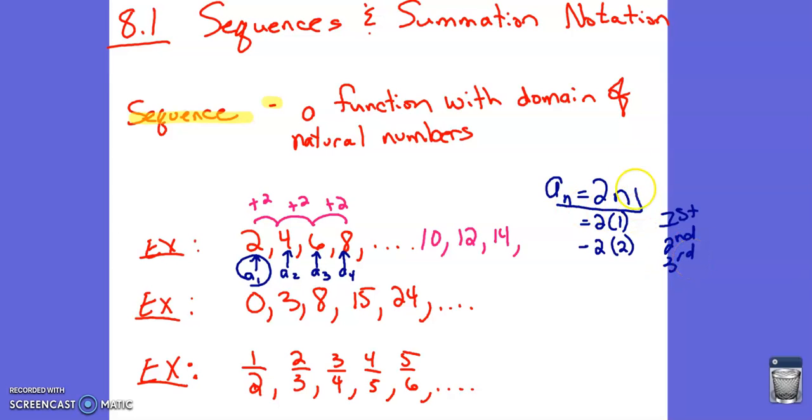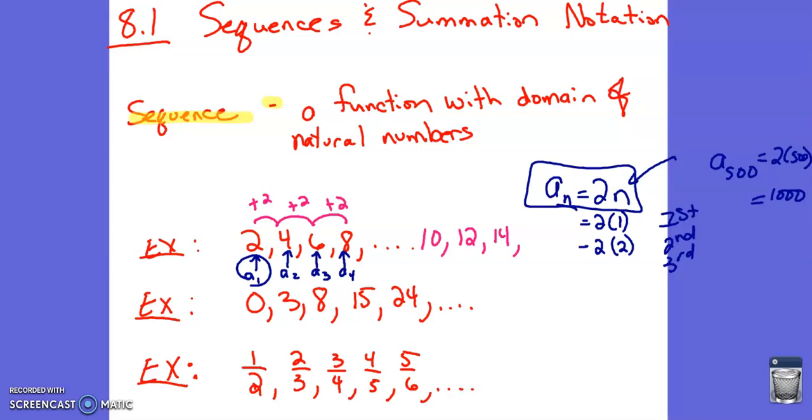This little sequence will tell me, if I wanted to find the 100th term, I just need to substitute 100 into there, or the 500th term. So A500, the 500th term, you just do 2 times 500, and you get 1,000. You don't have to sit here and add 2 five hundred times. What you do have to do is just find the function for that.